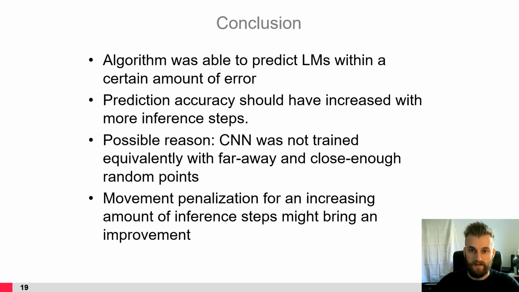So after the first iteration, due to the high network output, the probability of the network to predict a point far away is higher than to predict a point closer to a true landmark. Some sort of movement penalization for an increasing amount of iterations might bring an improvement, because smaller movements might then actually move a point closer to a true landmark.